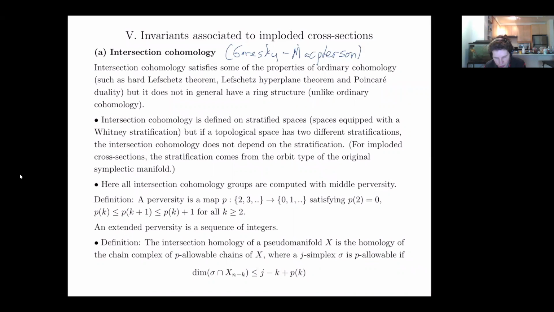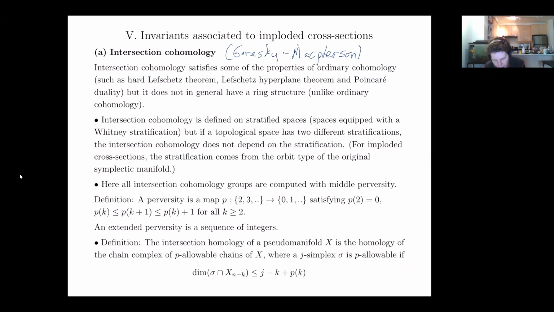So the intersection homology of a pseudomanifold or manifold with stratification is the homology of the chain complex of allowable chains. You say that a chain is allowable with respect to this perversity if you impose a condition about the intersection of the chain with strata.